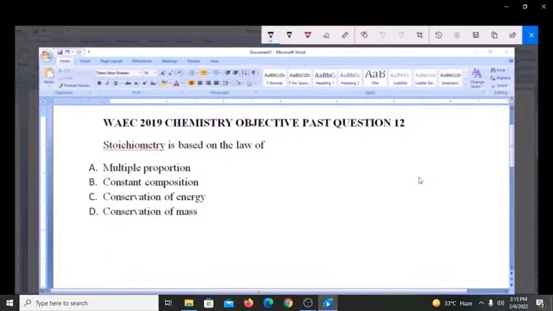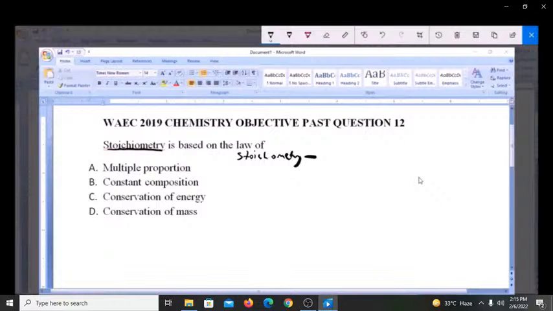Now, to answer this question, I will first define stoichiometry. Stoichiometry is the relationship between the relative quantity of substances taking part in a reaction.